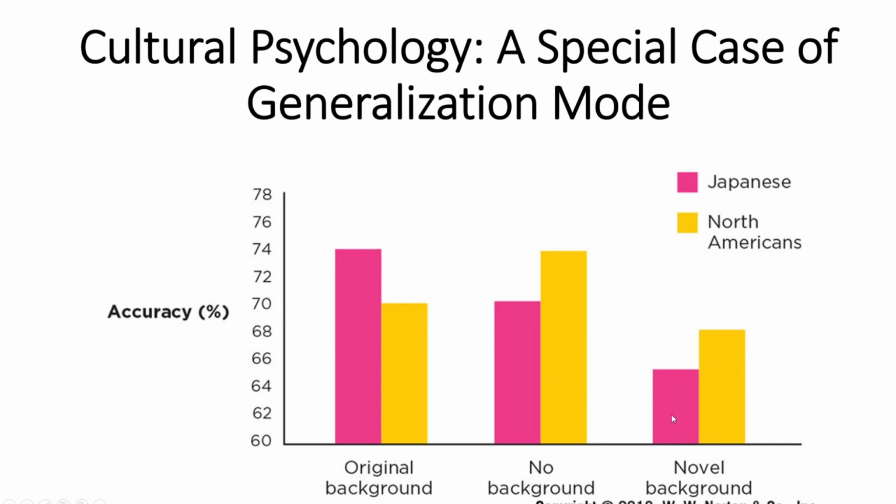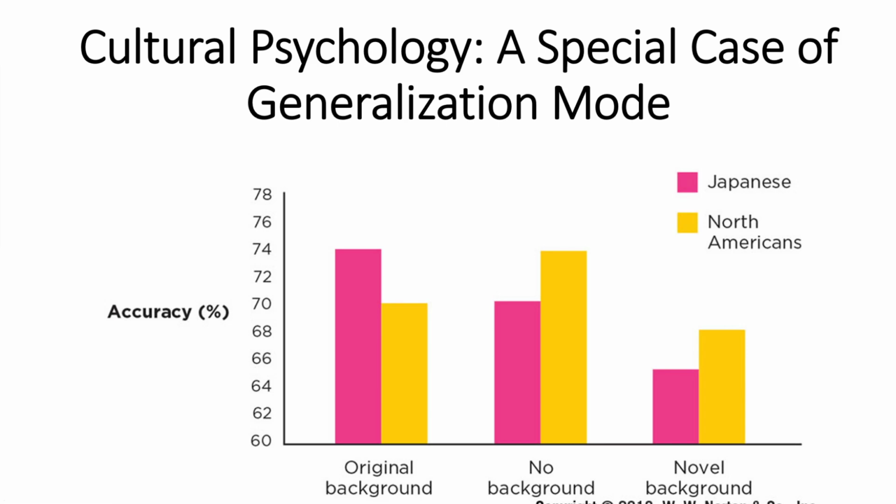And then if we put a novel background, we still see that the North Americans perform better, but Japanese individuals struggle now because not only is it the fish in a new context, away from their original background, it's also just the fish, so they didn't encode it separately. So we see a difference in encoding based on what they pay attention to when it's exposed.